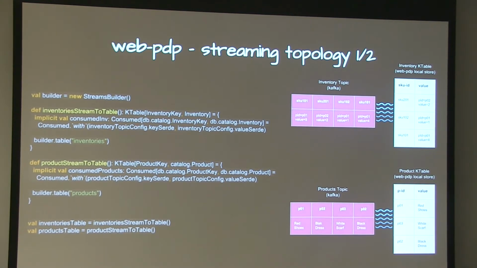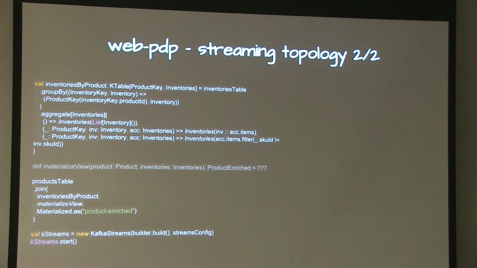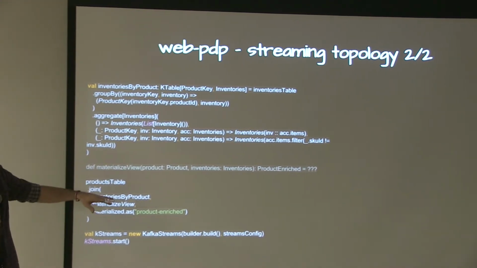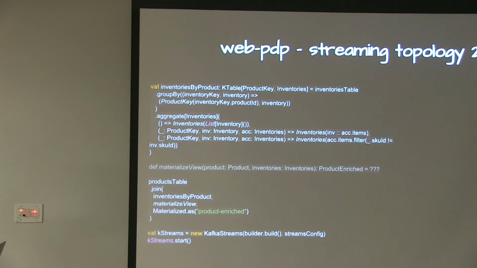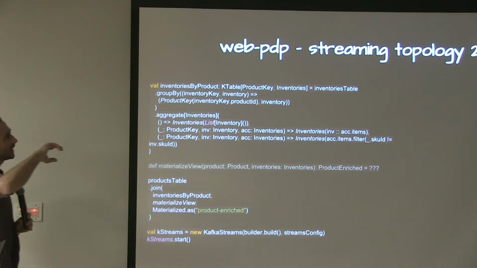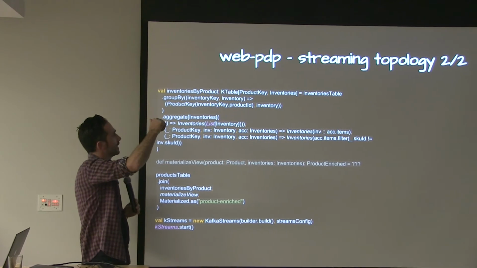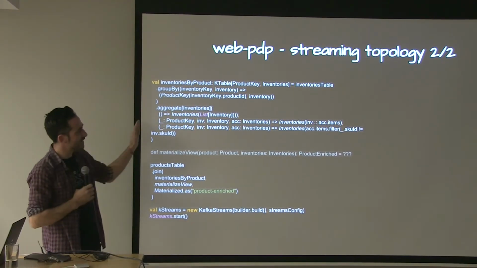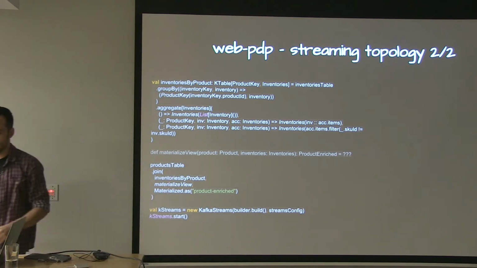To do that, we have to do another step that is called group by. Basically, we are rekeying the inventories. We are grouping the inventory by product key, and we are creating a list of inventories as a value.